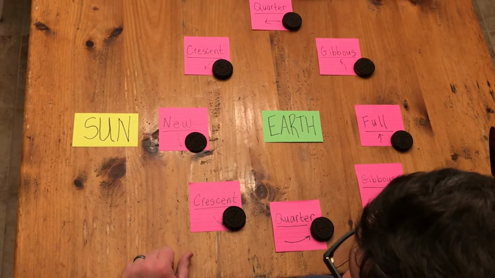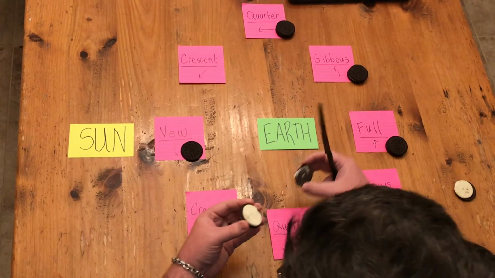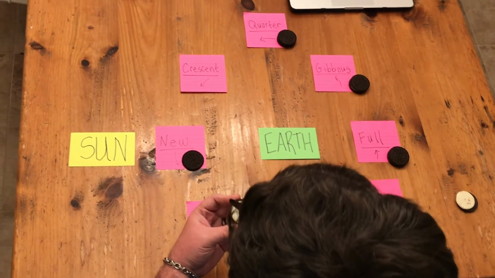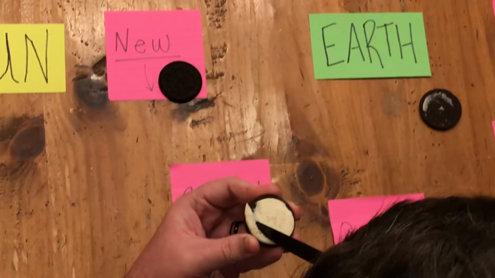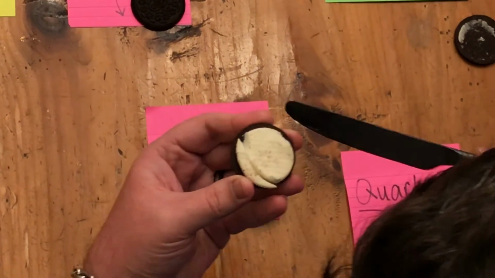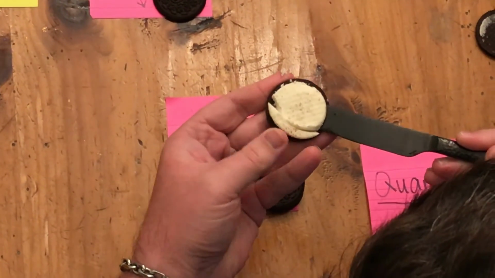All right, now we're going to do the crescent moon. Remember, the crescent moon is where 1/4 of the moon is being shown. So I'm going to carve out a little bit here. Try to scrape this off. All right, perfect.